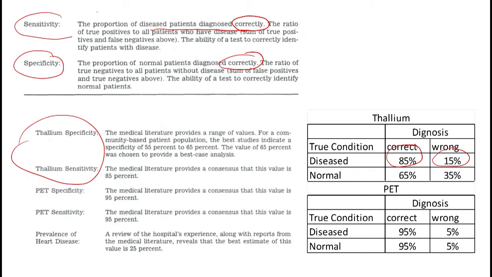On the other hand, if you're normal and you go in, 65% of the time the thallium is going to say you're right, but 35% of the time, even though you're normal, the thallium imager is going to indicate that you should go and get a cardiac catheterization. So this is something you didn't need; there was no reason for you to go have it.